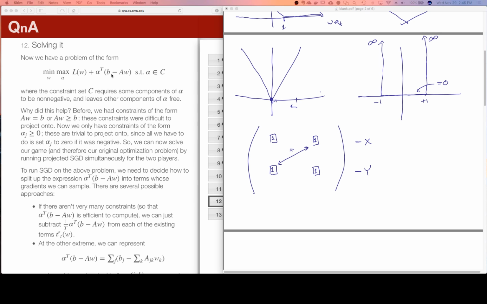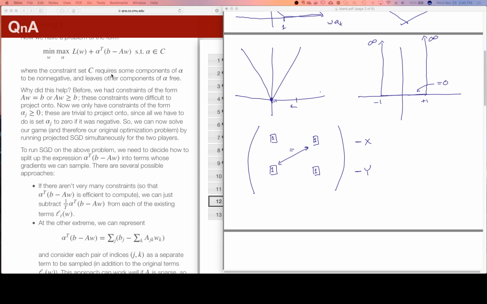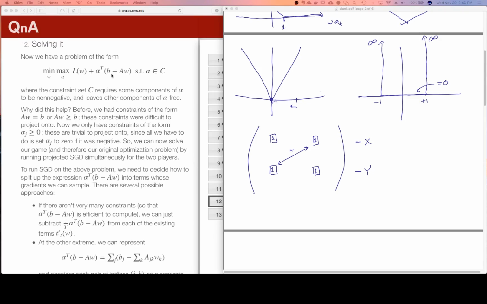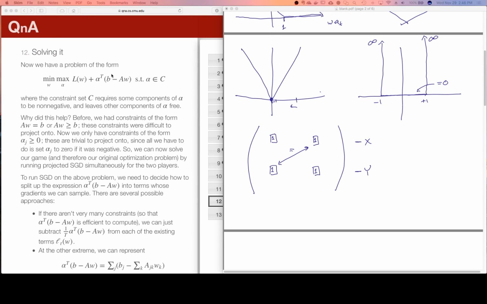And so we have to run SGD, so we have to split it up into terms. L is already split up into terms, and maybe the conceptually easiest way to think about it is that you divide the constraint term into T pieces and include each one of them with one of the terms of the original loss function. You can do fancier things, but what I just said is maybe the simplest way to think about it.